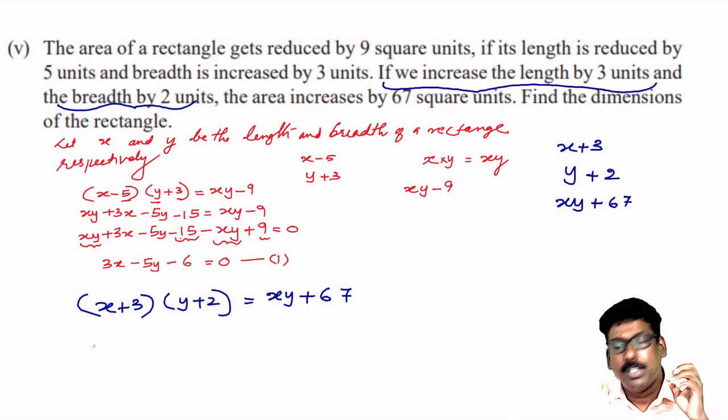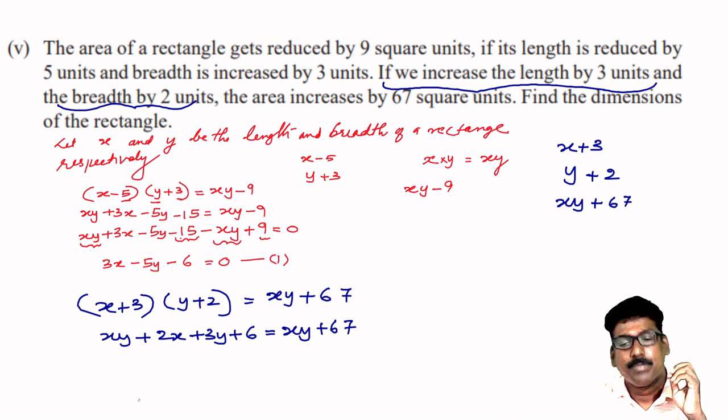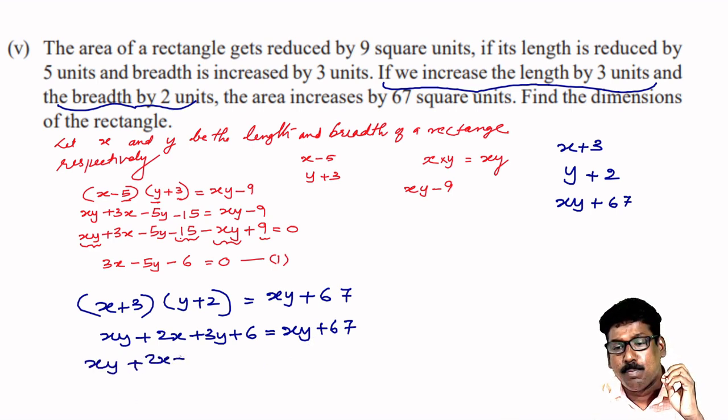Simplify, what will you get? X into y, xy, plus x into 2, 2x. Similarly, 3 into y, 3y, and 3 into 2, plus 6, is equal to xy plus 67. That is xy plus 2x plus 3y plus 6.